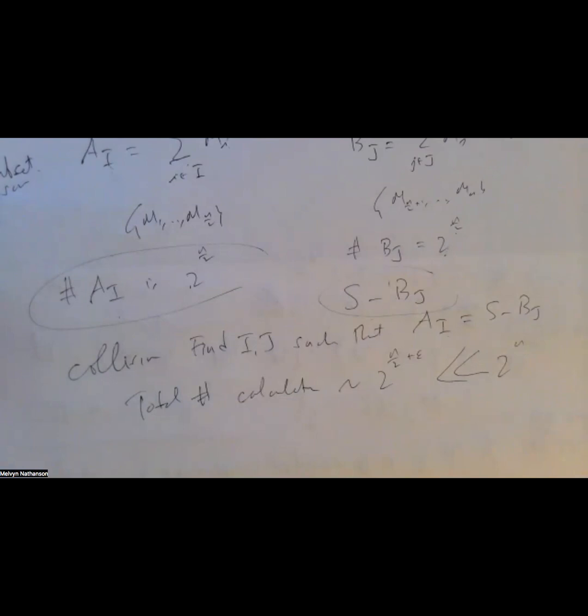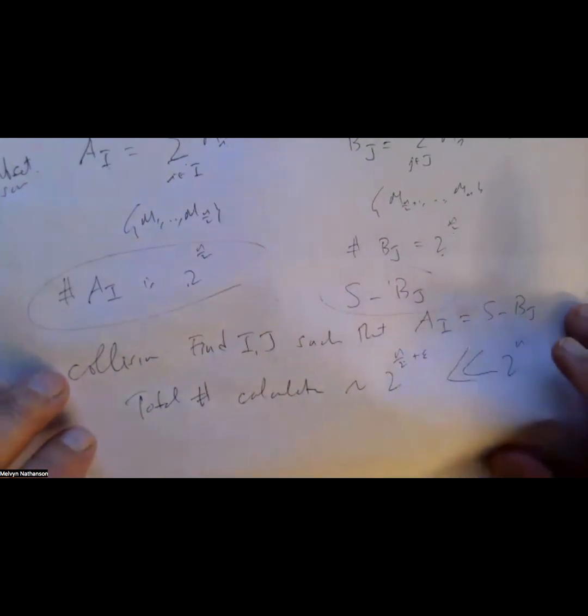So the point of this exercise is just to show that you can improve brute force calculation significantly by using this simple collision algorithm. It reduces the exponent by half. So instead of 2 to the n calculations, it's 2 to the n over 2 calculations. That's all. This is just a useful piece of mathematics to understand.